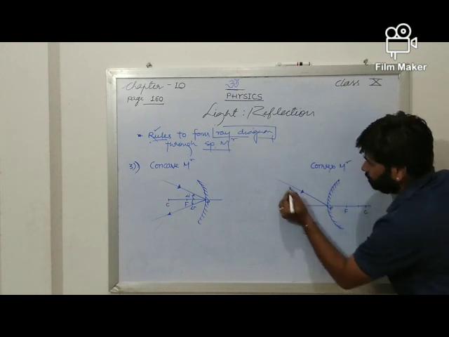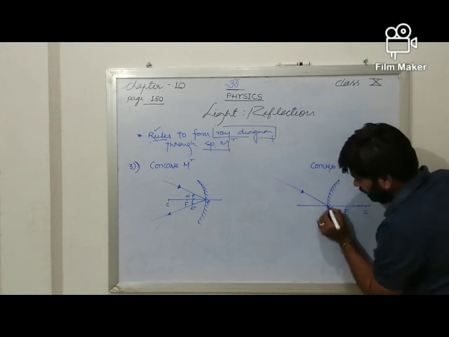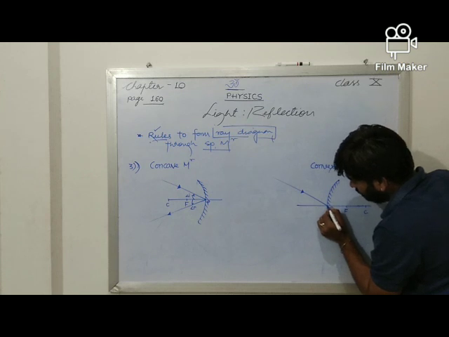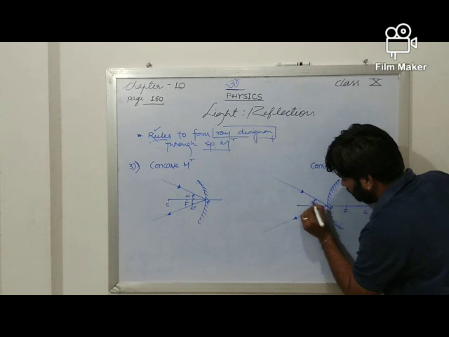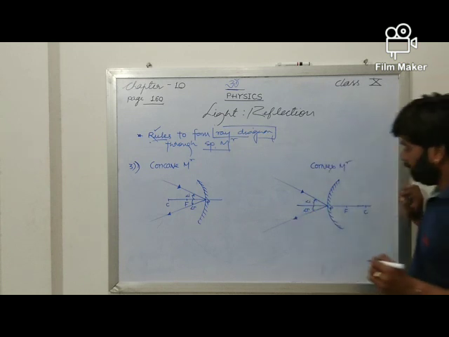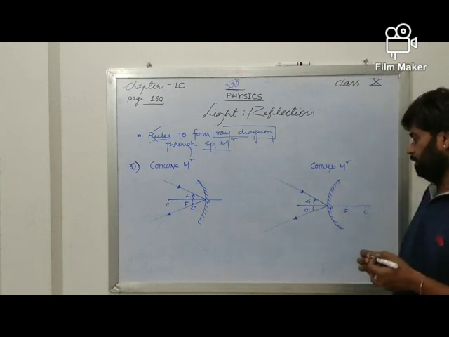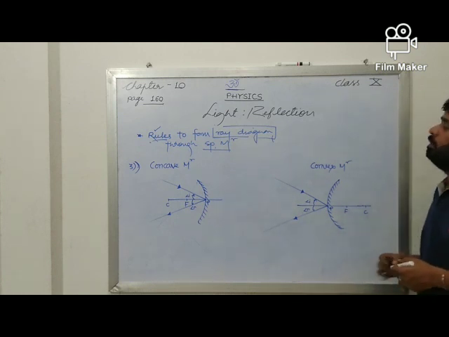So when an incident ray comes towards the pole, just after reflection it will be reflected back with the same angle. This will be the angle of incidence and this will be the angle of reflection. Again here the principal axis is acting like a normal.